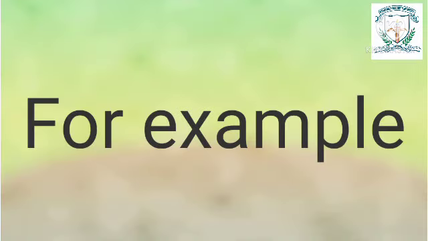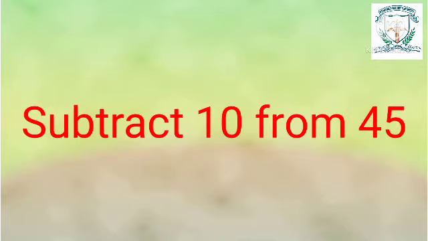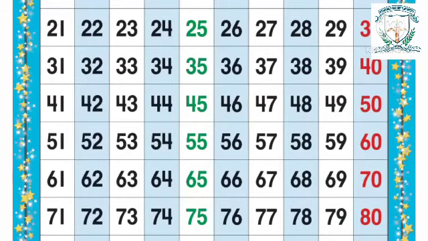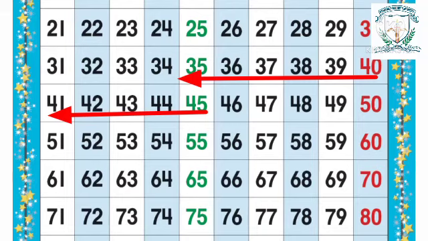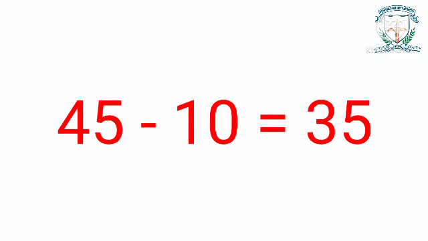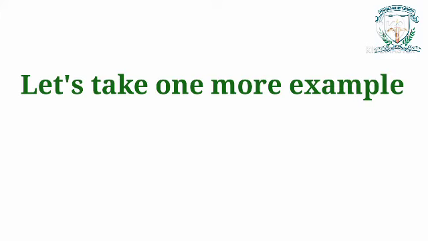For example, to subtract 10 from 45, we move 10 steps backwards from 45 to reach 35. So, 45 minus 10 is equal to 35. Let's take one more example.